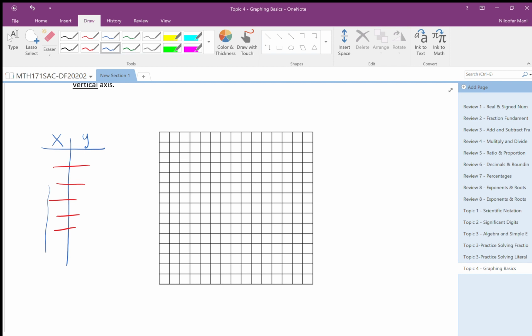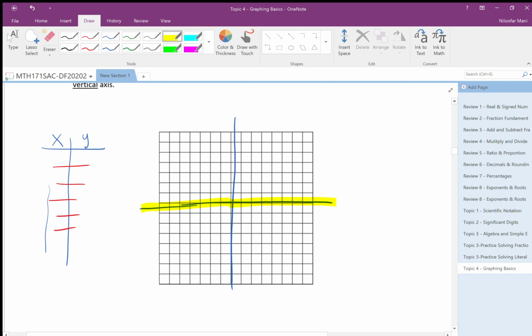By agreement, when I want to graph it, I have to make two perpendicular lines. One of them left to right, one of them up and down. Okay, so I do this. It depends on my values. Maybe I see x has positive and negative values, so I show positive x and I show negative x.